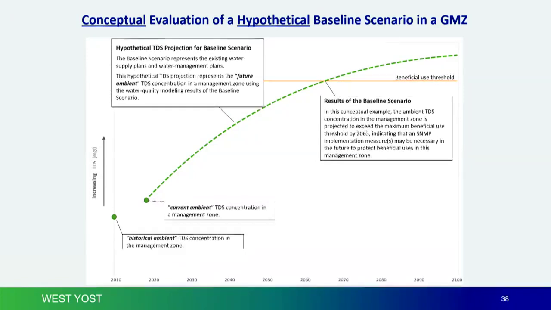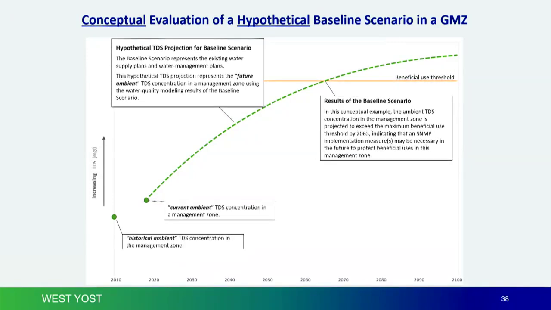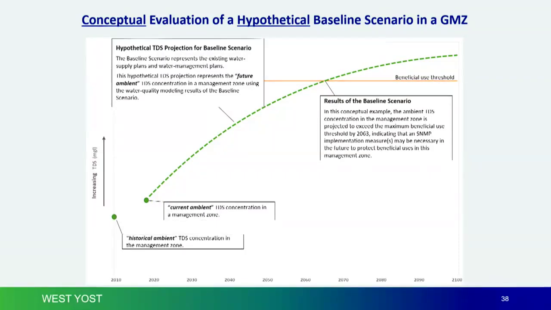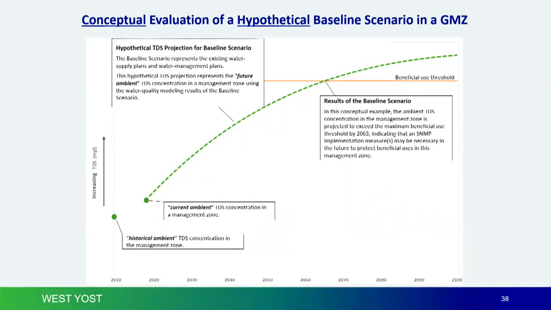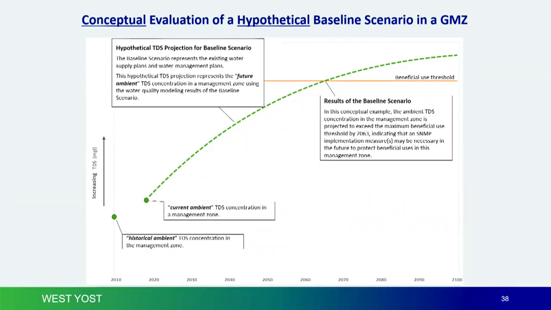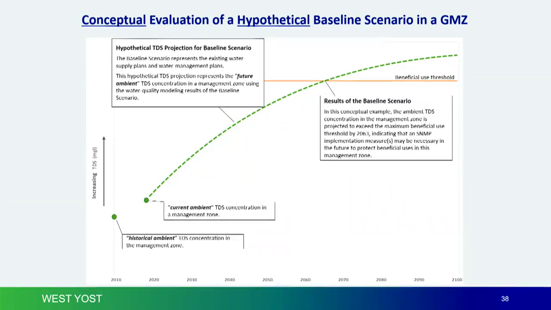So what this example is showing is that right around the 2065 time period, what this model is projecting is that we are going to have TDS concentrations in this management zone that exceed the beneficial use threshold. That may be grounds for developing and ultimately implementing a salt management strategy to try to control salt nutrient loading and keep that green line below the beneficial use threshold.